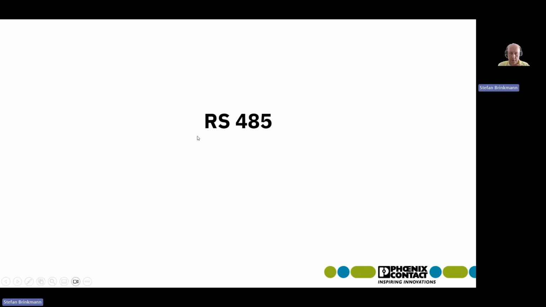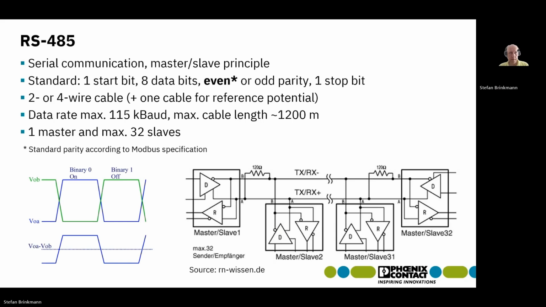The most reliable one, which is very common in the industry, is called RS485. The maximum transmission speed is 150 kilobaud. The maximum length of a cable is around about 1,200 meters. And as I already said, one master can connect to up to 32 slaves.